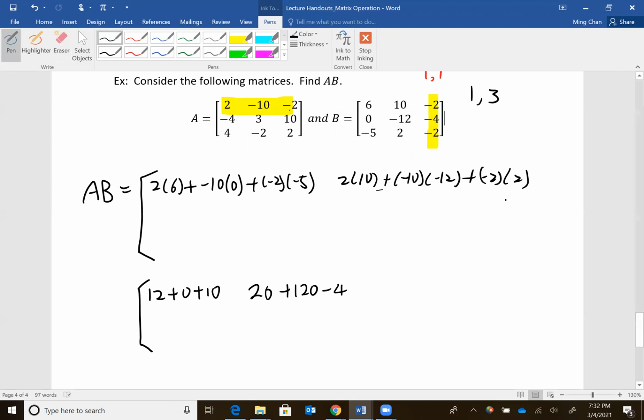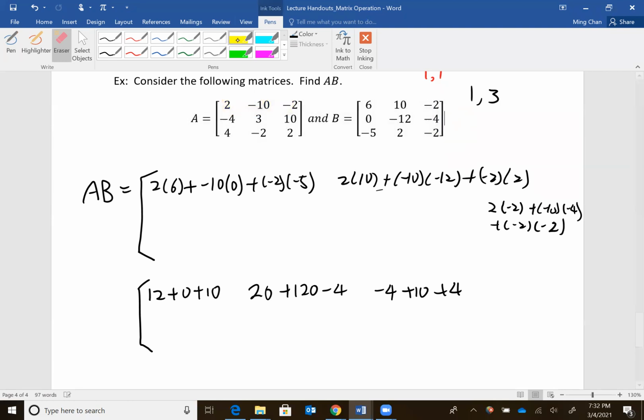I'm gonna put it right below here. 2 times -2 plus -10 times -4 plus -2 times -2. So that should give me -4 plus 40 plus 4. So that's row 1 times all 3 columns.